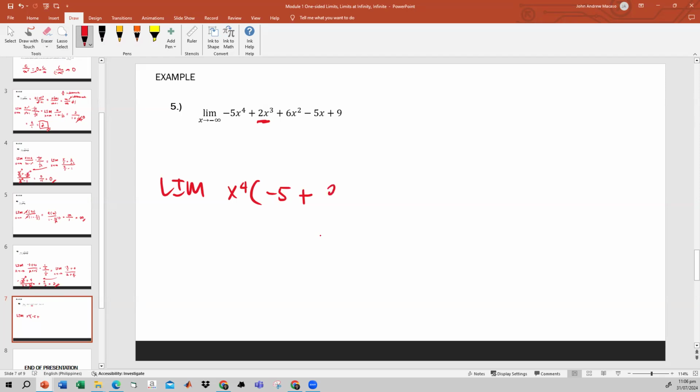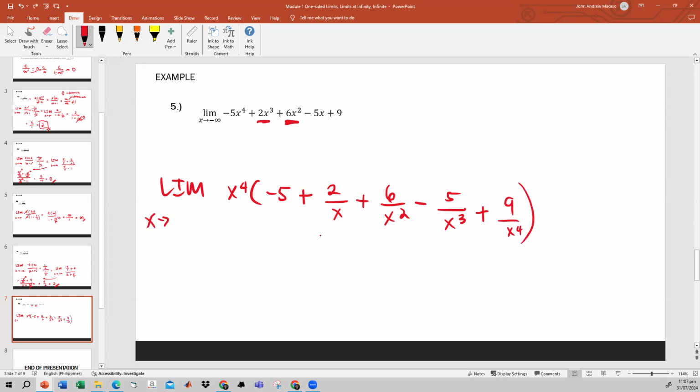So this will lead to 2 over x, right? Because if you distribute this, you will get this. Then the third term will become 6 over x squared, then minus 5 over x cubed, then plus 9 over x raised to 4. So in that case, I have this now.